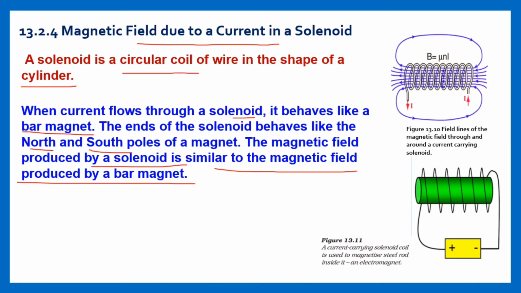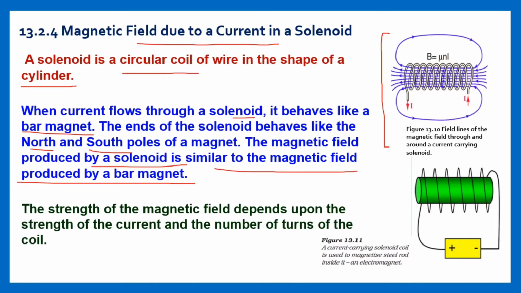In the picture you can see the solenoid. Here this is a solenoid, and you can see the field lines produced around a solenoid. And this solenoid behaves like a bar magnet. The strength of the magnetic field depends upon the strength of the current and the number of turns of the coil.